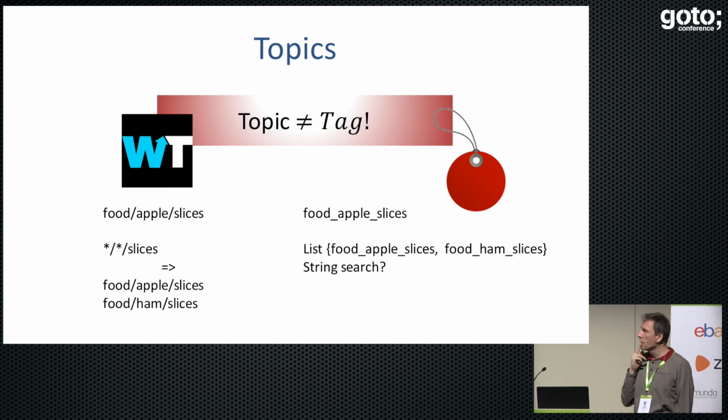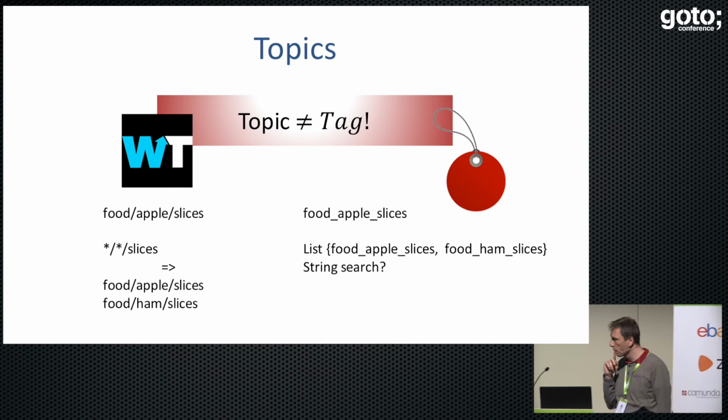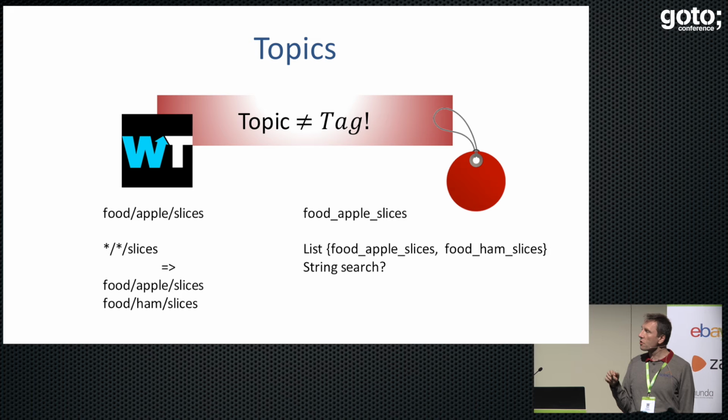You've got to do a string search, and that's going to be different in different languages. Maybe you'll be implementing that string search yourself. That leads to inconsistency. One application might do string searching in one way, and another in a different way. That's not ideal. And there's another problem too.